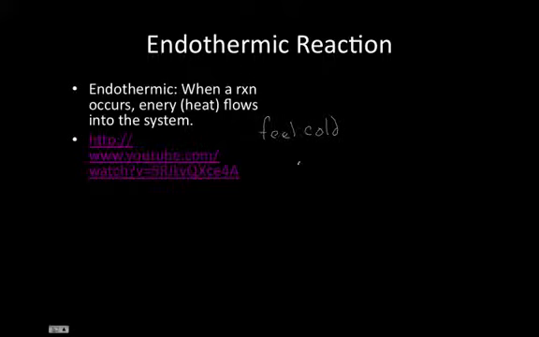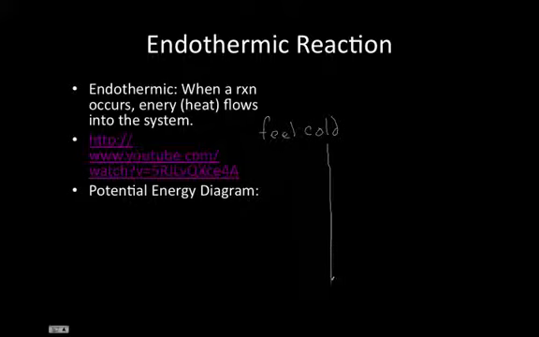So we're going to talk about what happens in terms of energy using something called a potential energy diagram. So we're going to draw a graph of the course of the reaction. So as the reaction proceeds, we're going to have potential energy on the y-axis. So we know that energy flows into the system.